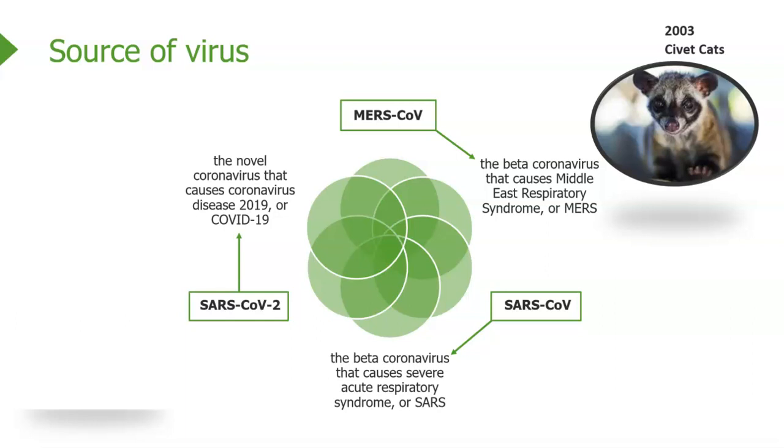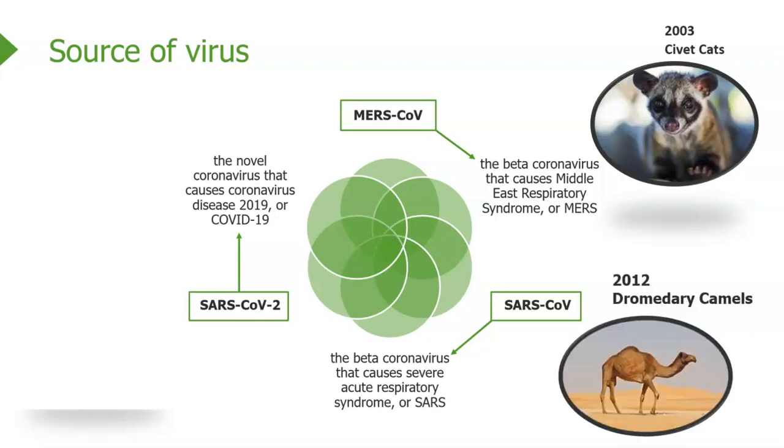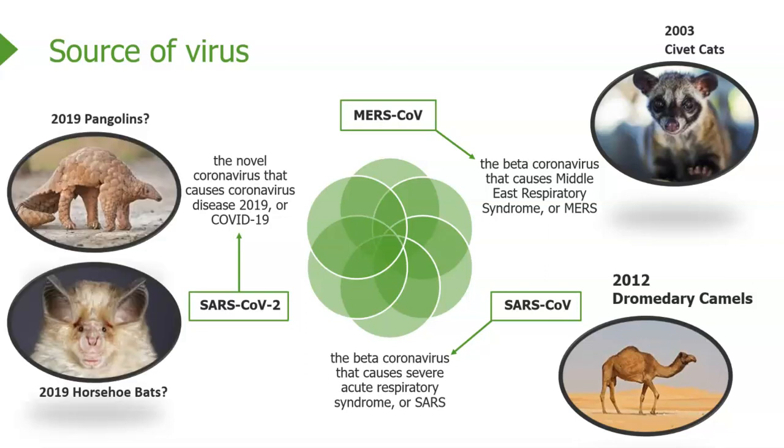This was from like dromedary camels. This was in 2012. So in 2003, it was the civet cats. In 2012 is the dromedary camels. Now what we're dealing with in 2019, they're not exactly sure. Might be the pangolins, it might be horseshoe bats. They're not sure exactly what it was, but those are some striking photos for you to take a look at.